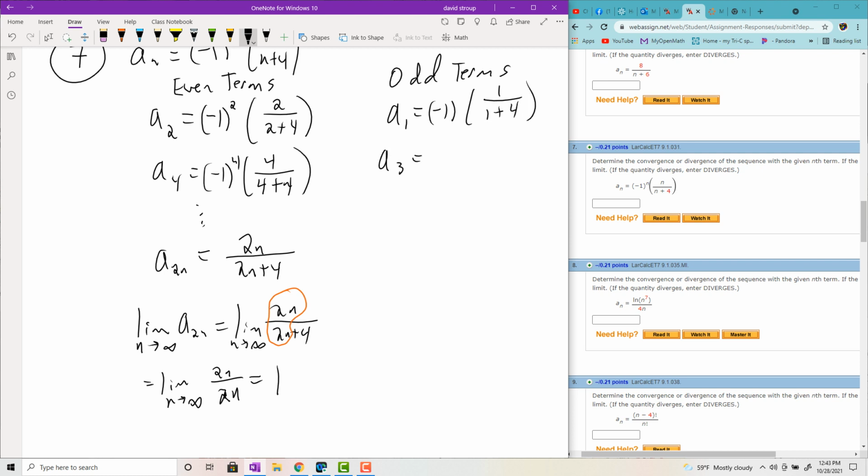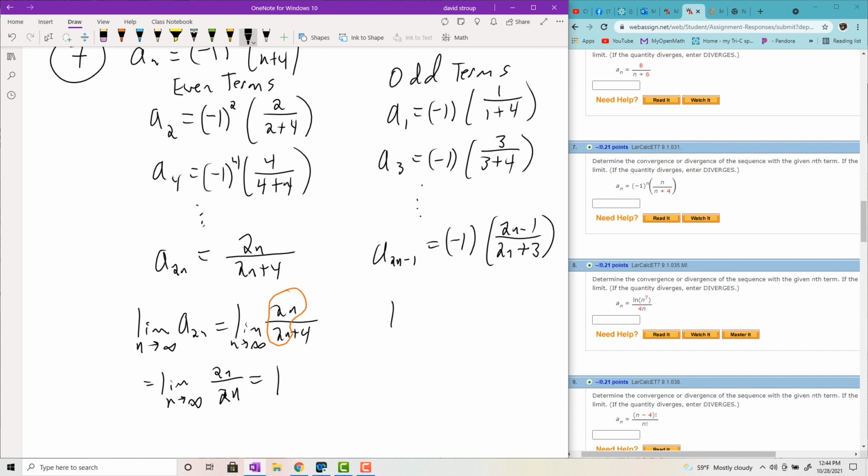A sub 3, (-1) to the third power, so -1 times 3 all over 3 plus 4, etc. And then you get a sub 2n minus 1 equals -1 times 2n minus 1 all over 2n minus 1 plus 4, so 2n plus 3. I'm starting with n equals 1, so the numerator would be 2n minus 1.